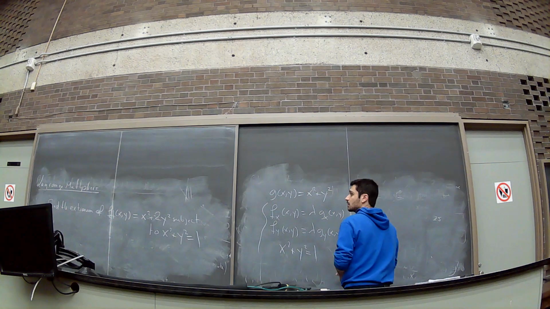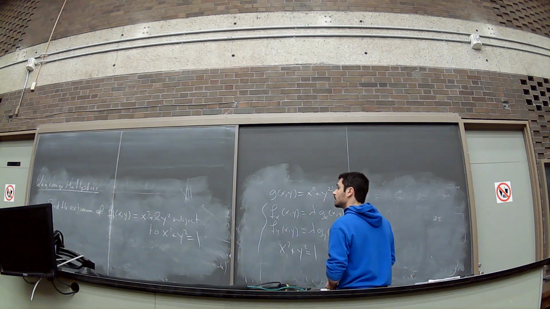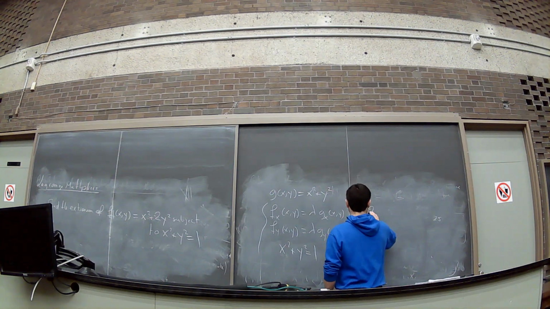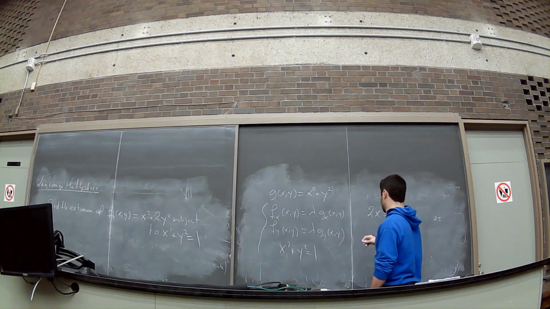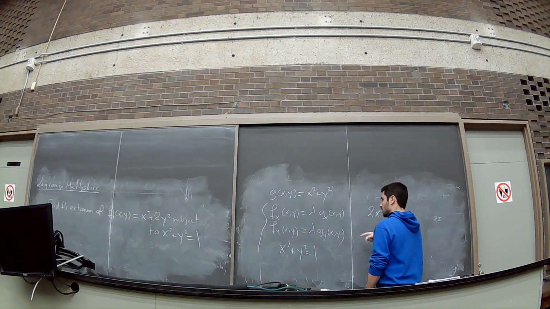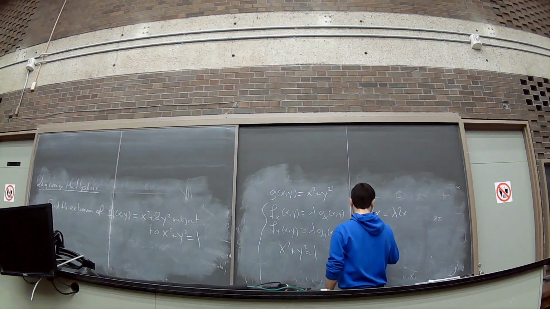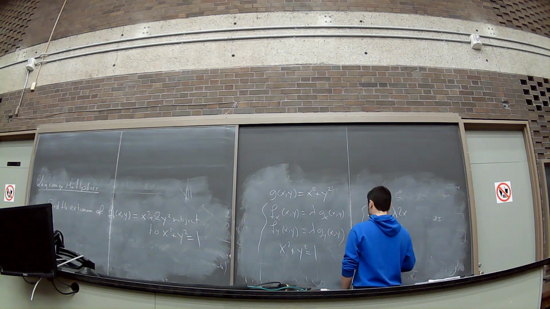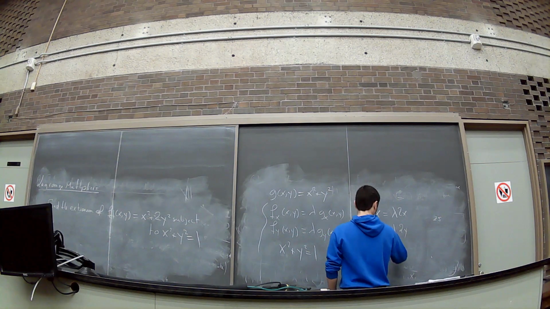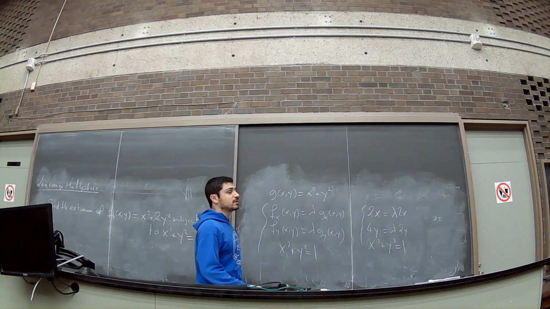What is fx(x, y)? Can you differentiate f? 2x. Can you differentiate g? So lambda times 2x. And here what do you get? You get 4y is lambda times 2y, right? And then you get x squared plus y squared is equal to 1. You can do it in many ways.